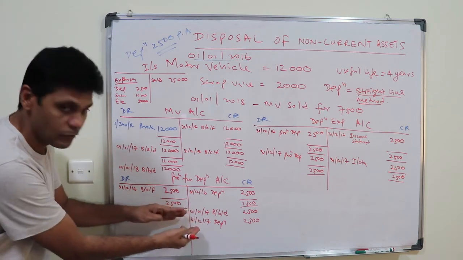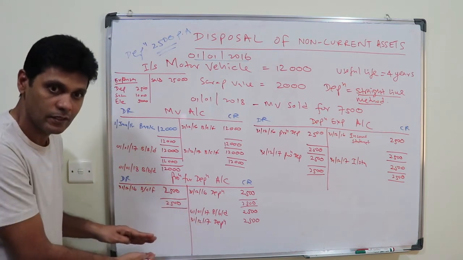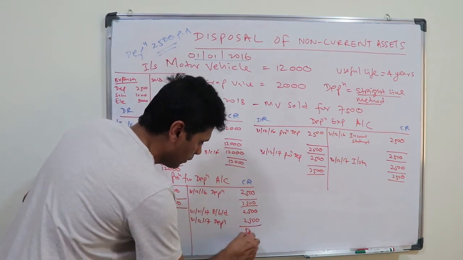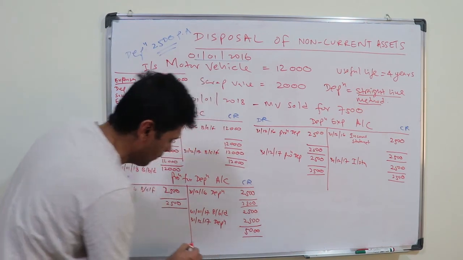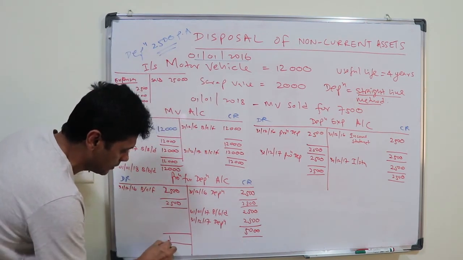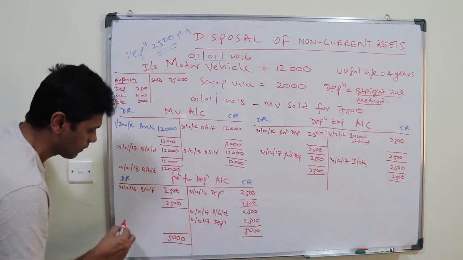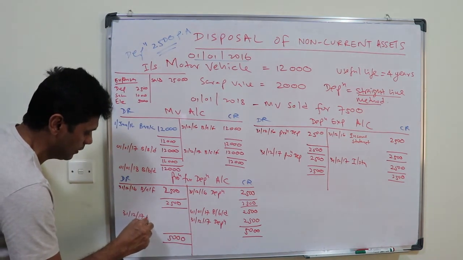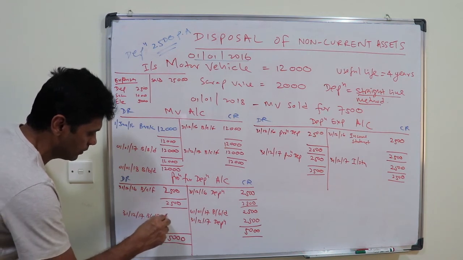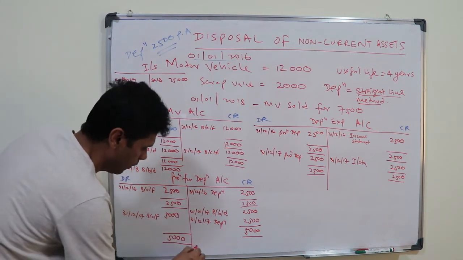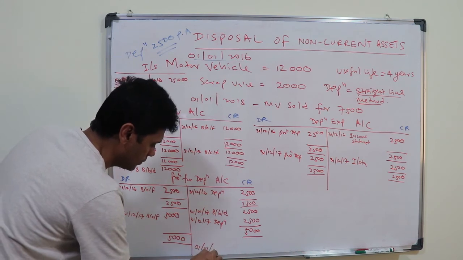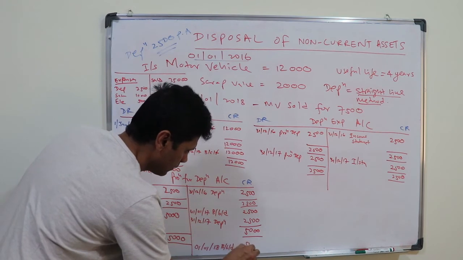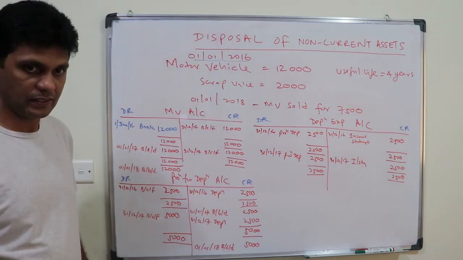So this account also you have to carry forward to 2018. How much is that? 5,000, no? So far we have depreciated this asset 5,000. So 31st December 2017, balance carried forward 5,000. On 1st January 2018, balance brought down 5,000. Is that clear?